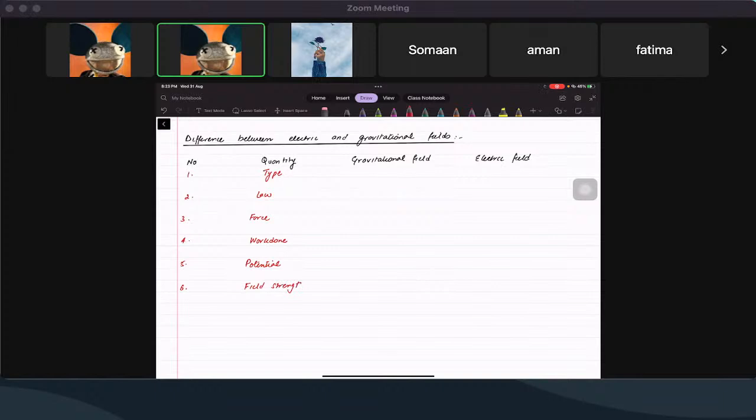Number 7 is the direction of field. So basically these are the 7 things we are going to compare.